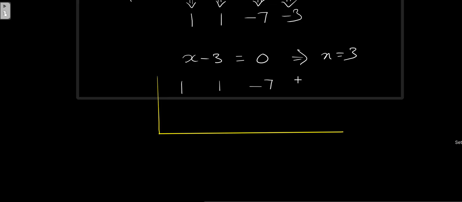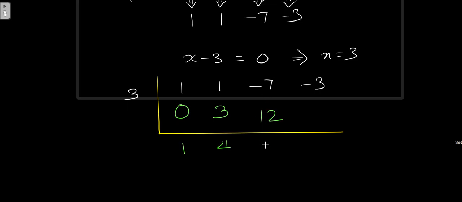Write 1, 1, minus 7 and minus 3, and here 3. Put 0 here and 1, 0, 1, 0, 1. Then 3 ones are 3.